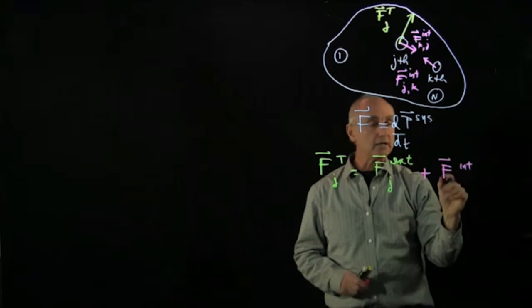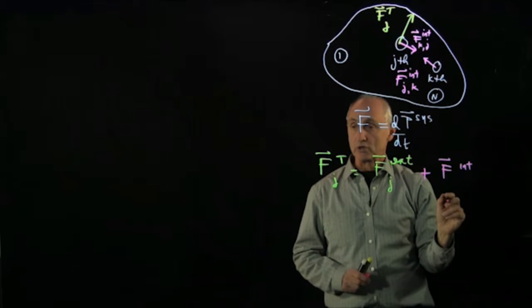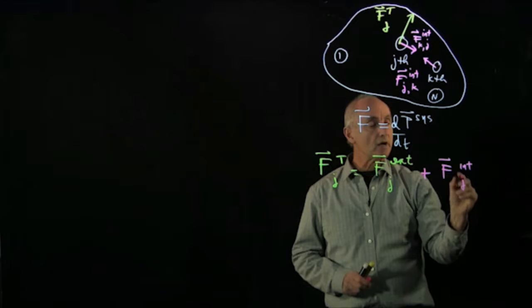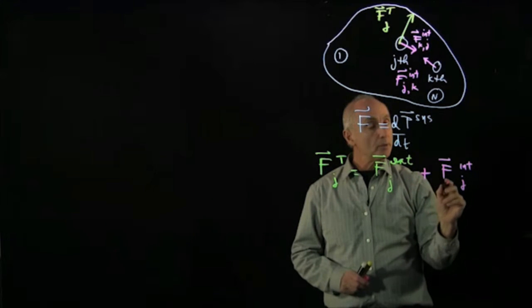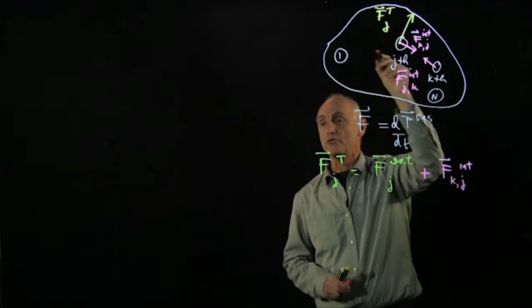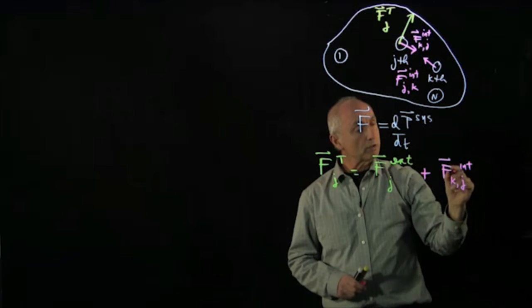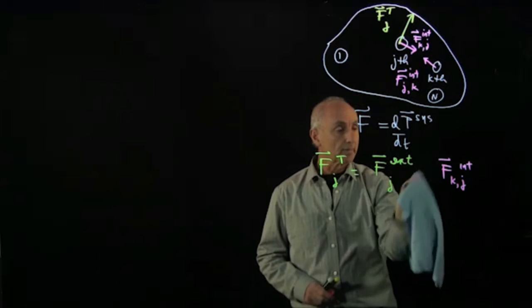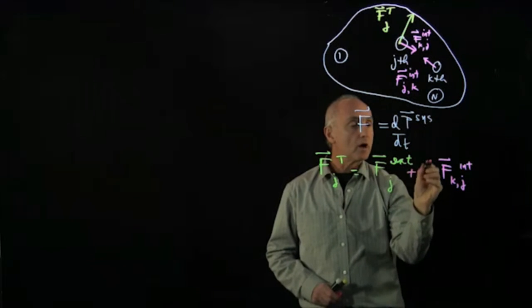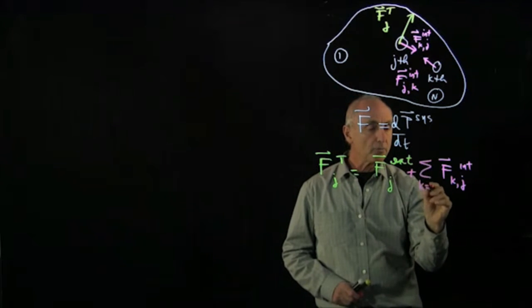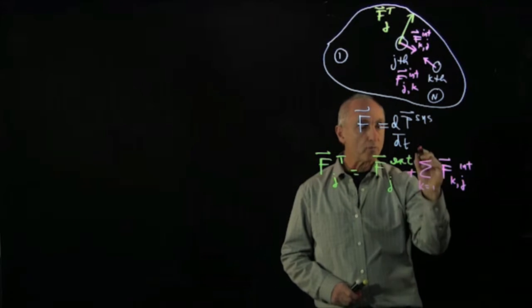Now, how do we write this total internal force? Well, we're interested in the force on the jth particle, but the internal forces can come from all of the other particles in the system. So what we're looking for here is a sum over all of the possible interactions where the other particles k go from 1 to n.